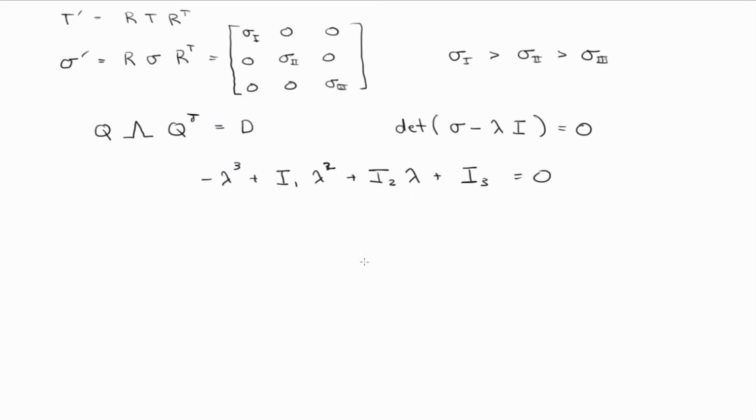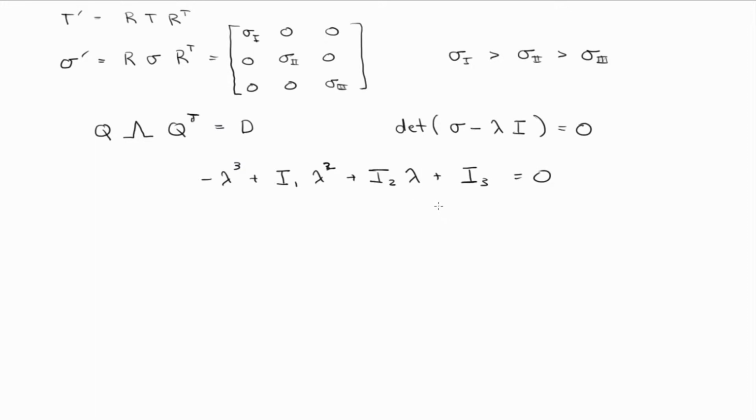The I1, I2, I3 are just coefficients of this, and this is called the characteristic equation. Then I would solve this cubic equation, and it would give 3 lambdas.